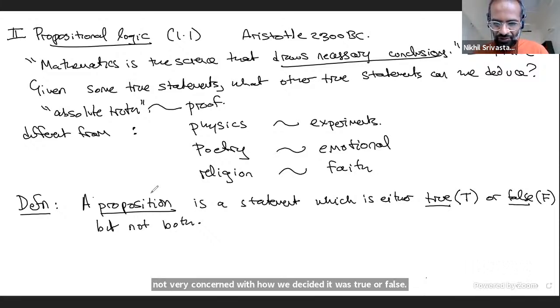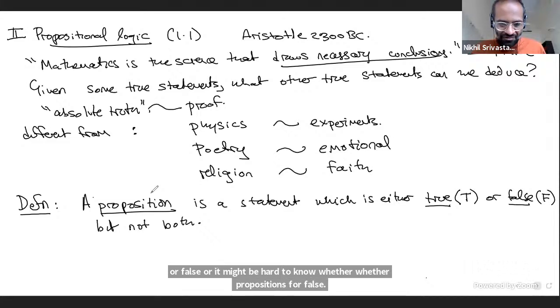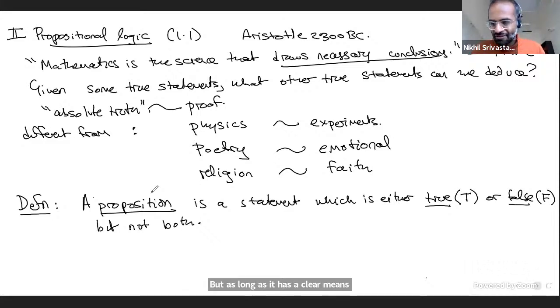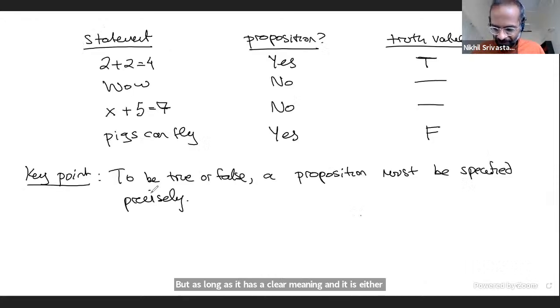We're defining propositions to be those statements on which we can agree that it is either true or false. It might be hard to know whether a proposition is true or false, but as long as it has a clear meaning and it is either true or false, which in principle can be known, then that's a valid proposition.